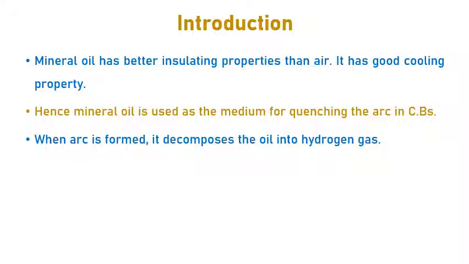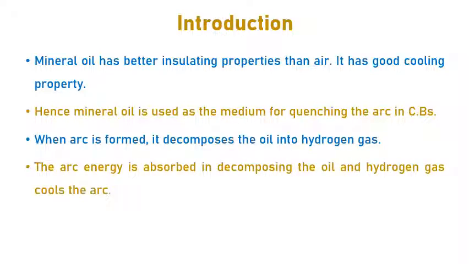Whenever the arc is struck, it will be surrounded by the oil, and the oil will be decomposed into hydrogen gas using the arc energy. So the arc energy is converted into some other energy, and we all know that hydrogen gas has a good cooling property, and hence the hydrogen gas cools the arc so that the arc will be quenched.